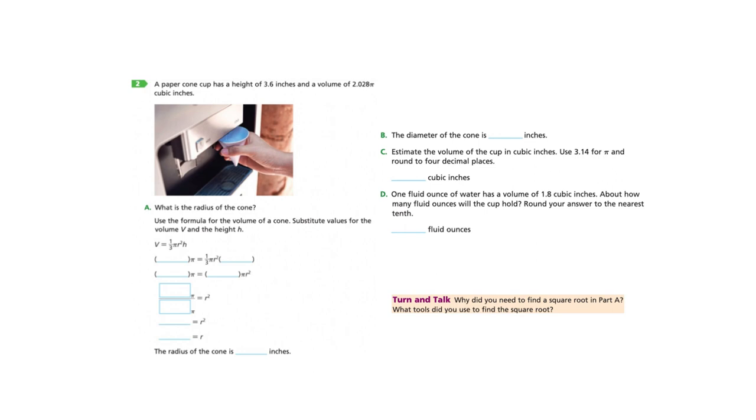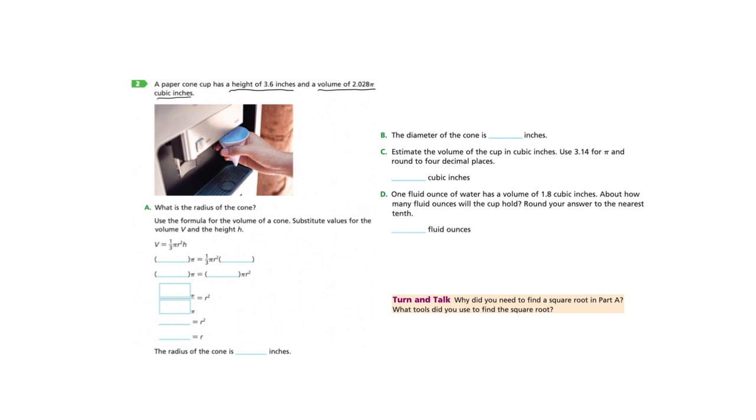So number 2 says, a paper cone cup has a height of 3.6 inches and a volume of 2.028 pi cubic inches. What is the radius of the cone? So we're going to fill in the blanks. Go ahead and do A through D on your own, and then we'll look at it together. So again, they ask, what is the radius of the cone? They give you the height, and they give you the volume.